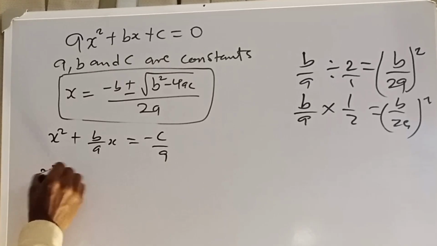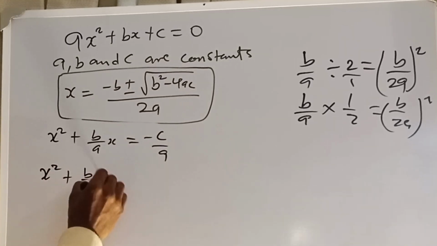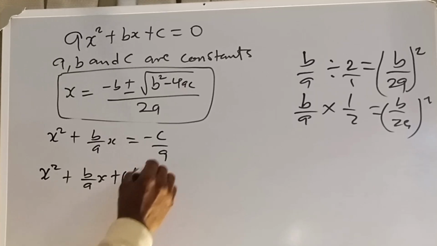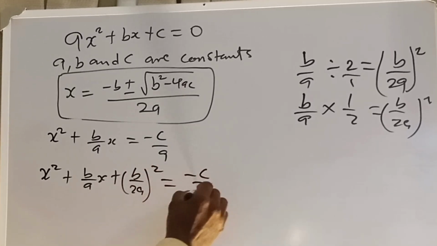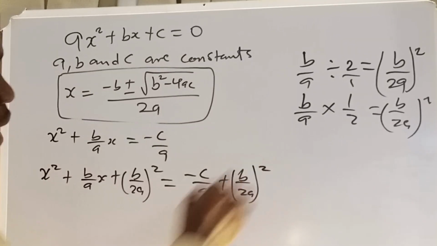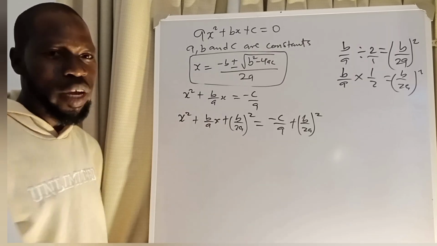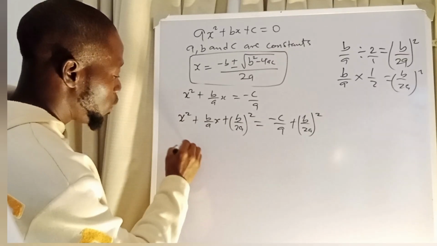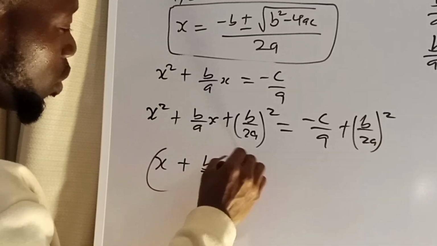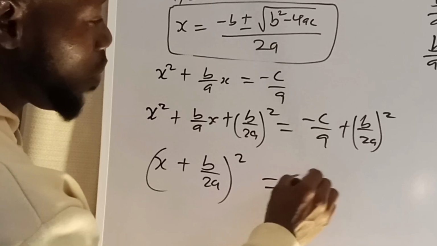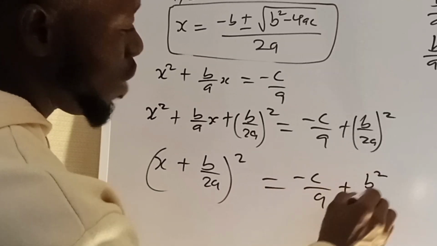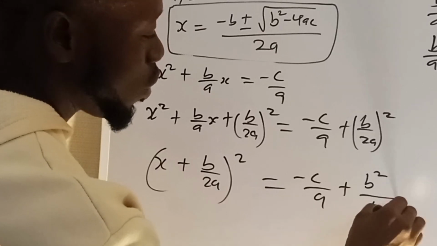So you have x squared plus b over ax plus b over 2a squared is equals to minus c over a plus b over 2a squared. Now you've made this a perfect square. What does it give you? It gives you x plus b over 2a squared is equals to minus c over a plus b squared over 4a squared.